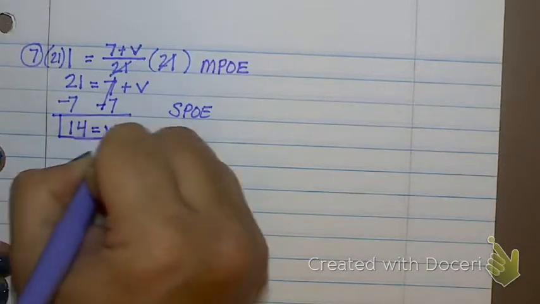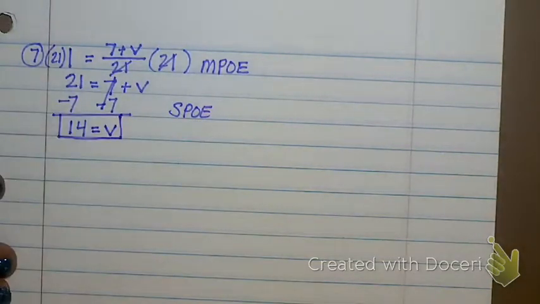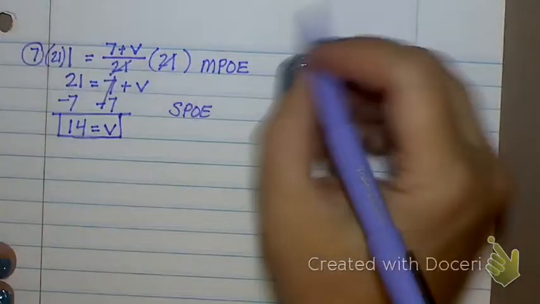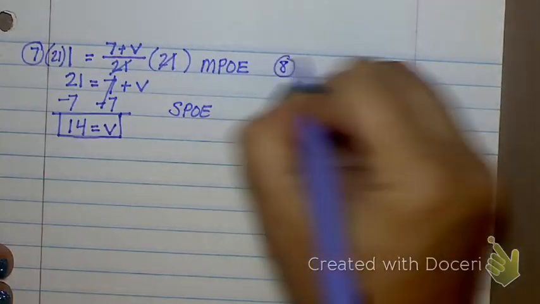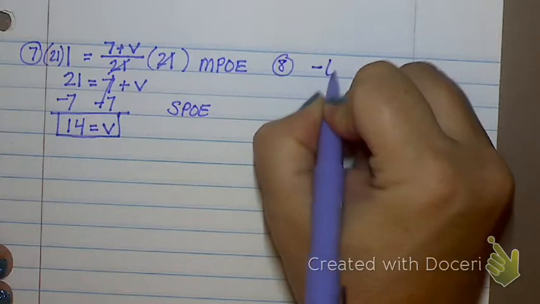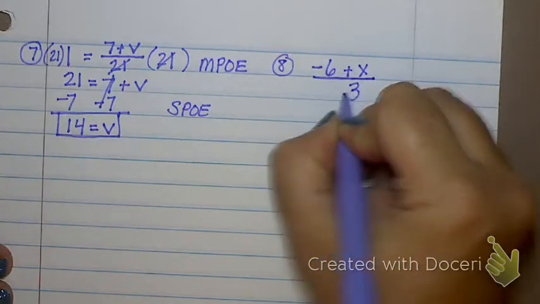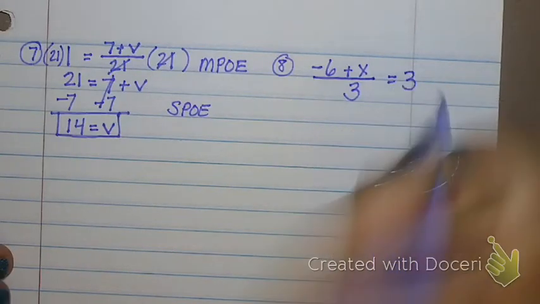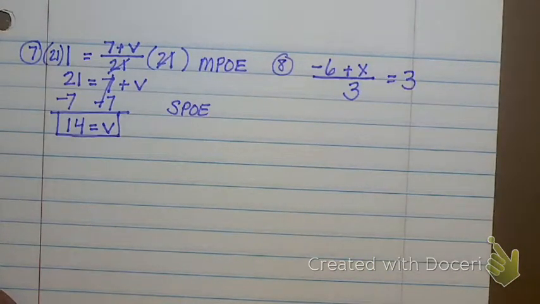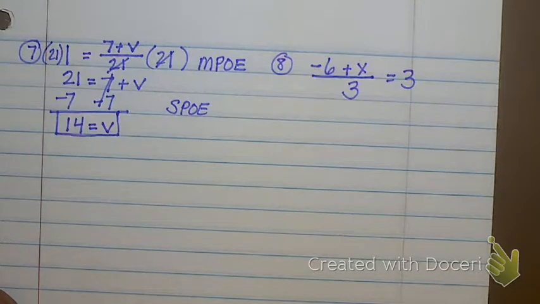V. And there's my answer. Easy peasy. Okay. You try number 8 here. Negative 6 plus x all over 3 equals 3.